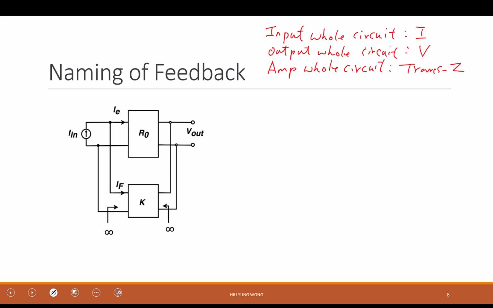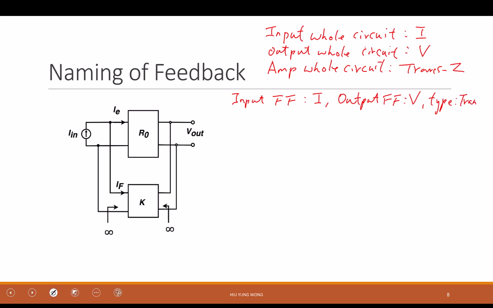So let me ask you, what is the input to the feed forward? Again, very easy. Current, right? And the output of the feed forward? Voltage, right? And the type of the amplifier for the feed forward? Again, transimpedance.